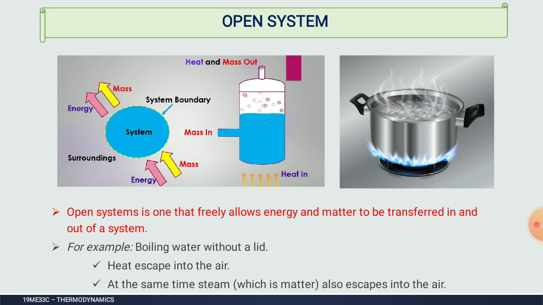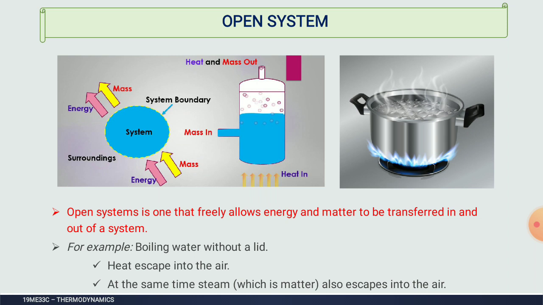Our human body, our breathing process, is also an open system concept. Here we inhale air, some combustion takes place, then CO2 is produced, and we exhale the CO2. Here there is mass interaction: some amount of mass in and some amount of mass out.